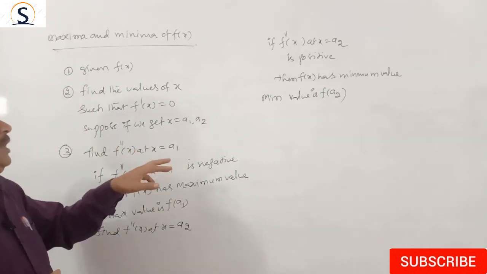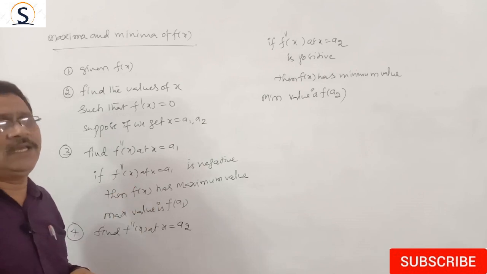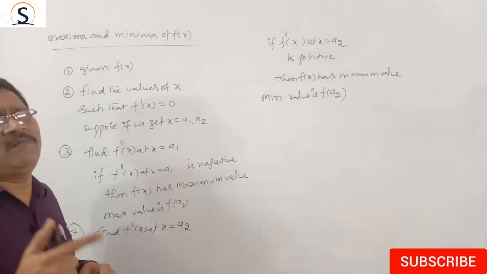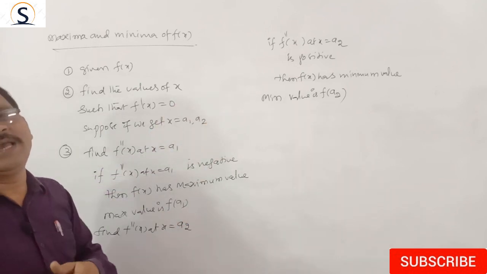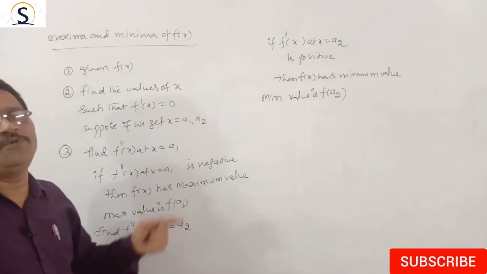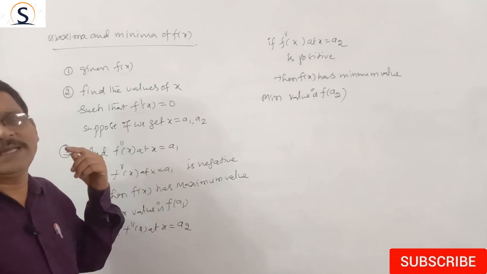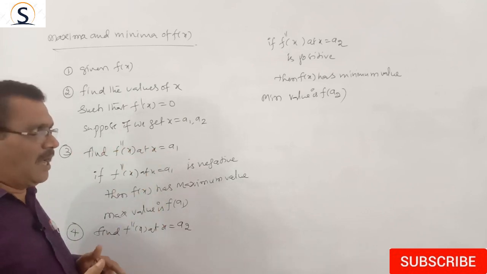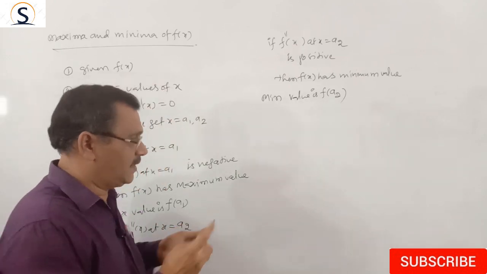So there is no need to check negativity and positivity. If you get more than one different x value, then it is needed to check whether it is positive or negative. Otherwise, if you get a single value, you directly substitute that point and get the maximum or minimum. Okay, now we have two standard forms for this.